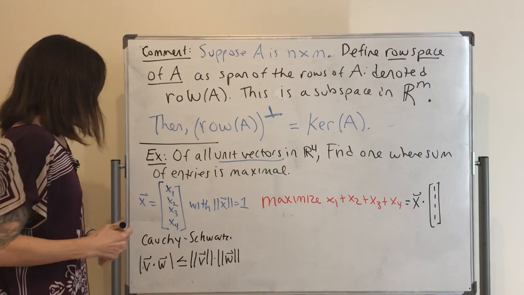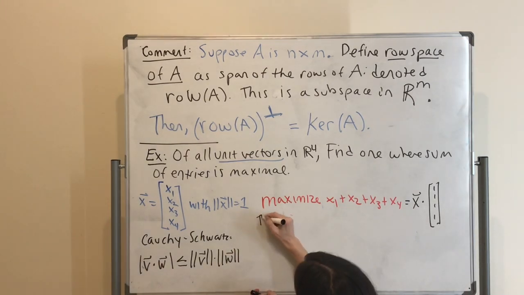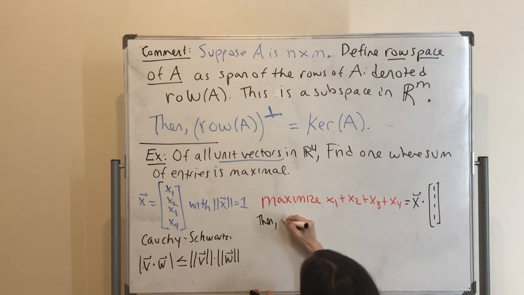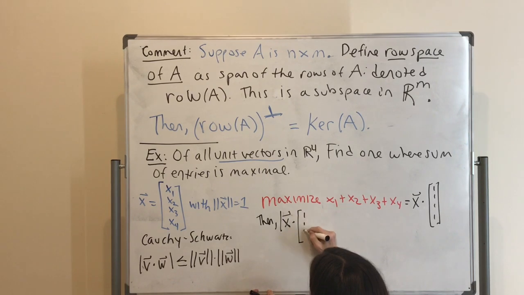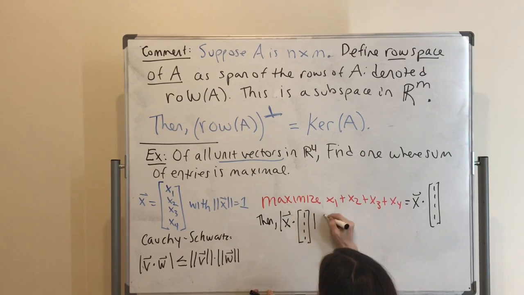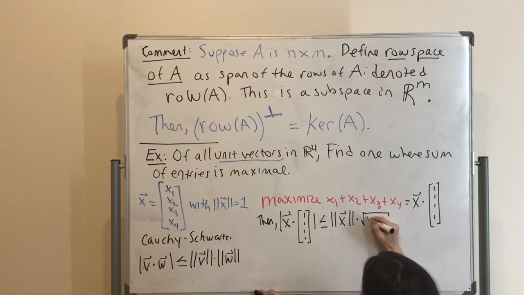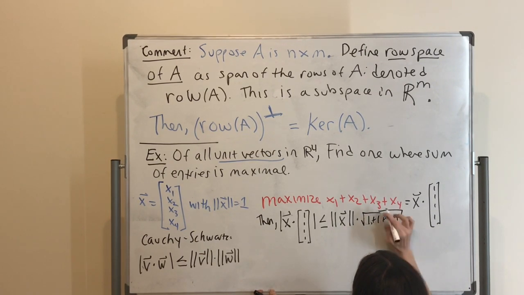I mentioned this at the beginning. This, which is x dotted with 1, 1, 1, 1 in absolute value, is going to be less than or equal to the length of x times the length of this. What's the length of this? Square root of 4, which is 2. Maybe I'll write it in two steps: 1 plus 1 plus 1 plus 1.